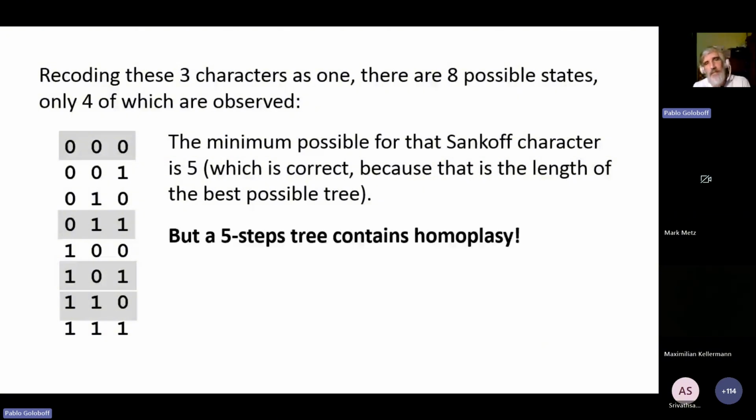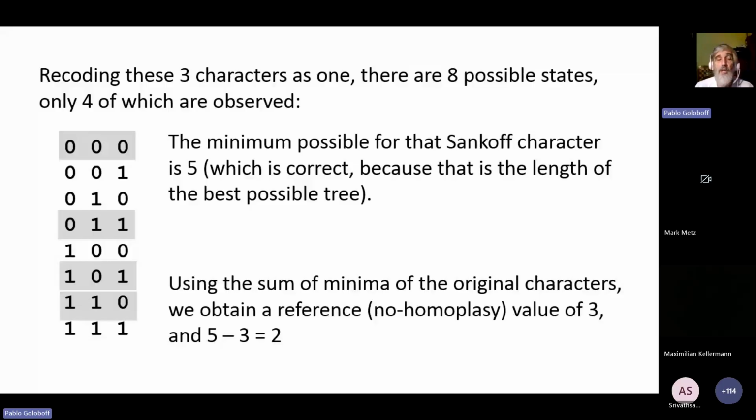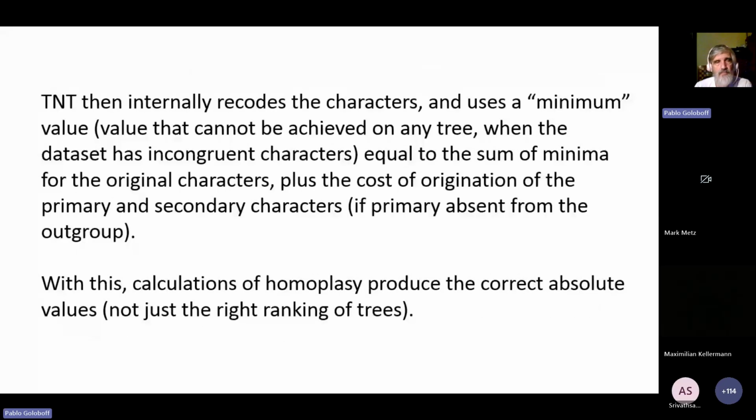But the 5 steps tree contains homoplasy. We already know from looking at the previous example that there was homoplasy. So if instead of using the minimum for the recoded character, you use the minima of the original characters, the sum of the minima, then you obtain a reference value of no homoplasy of 3. And 5 minus 3 is 2, which is the correct value of homoplasy in this case.